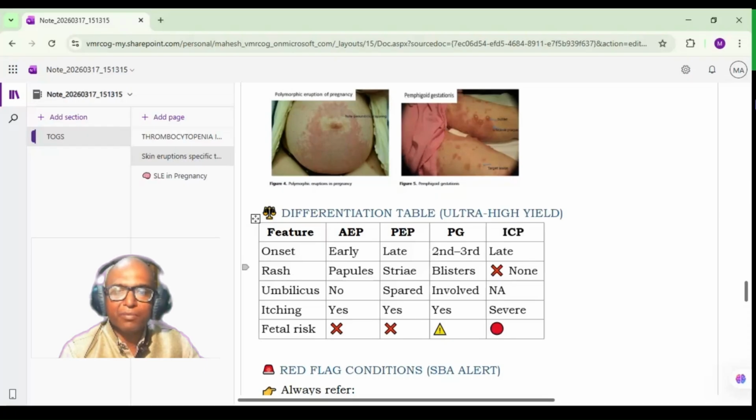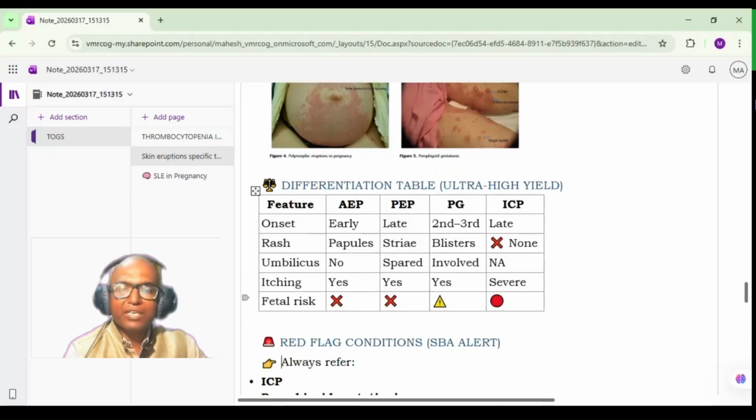Blisters you see in PG, while there is no rash in ICP. Umbilicus is spared in PEP, while umbilicus is involved in pemphigoid. Itching is there in all, and it is severe in ICP. Fetal risk is there with these two, pemphigoid and ICP, while stillbirth is more common with ICP.